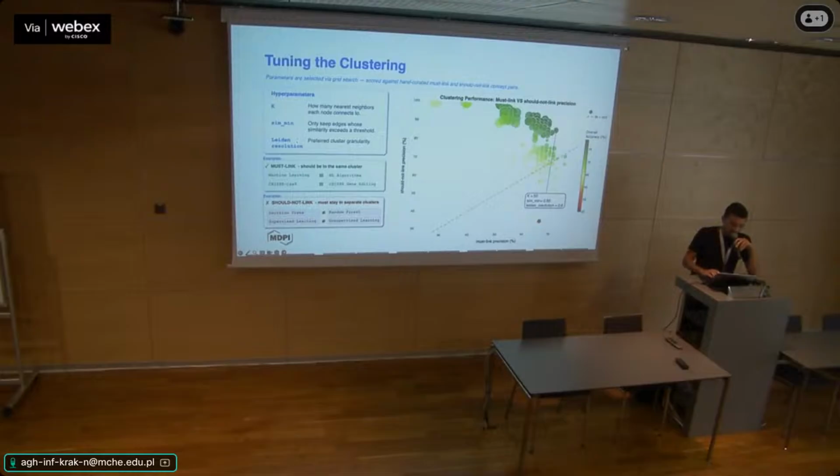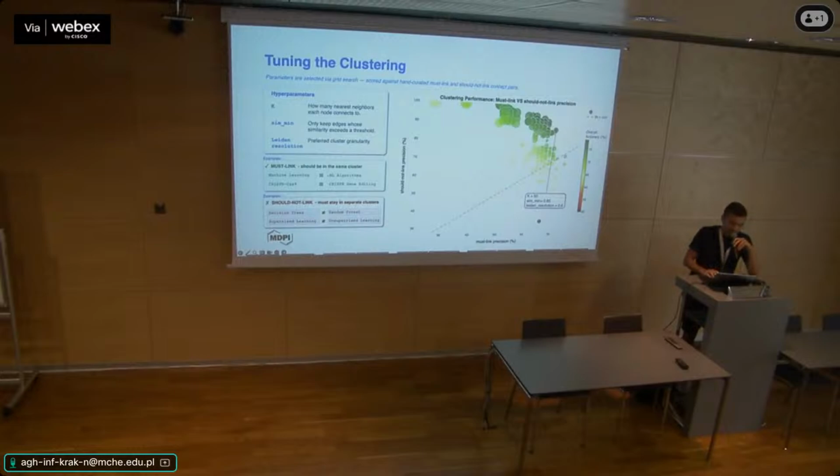And we built two lists, must-link and should-not-link, which were created by us. So a sort of list of concepts that, based on the results we were seeing, we wanted to be connected, and the ones that we didn't want to be connected to each other.